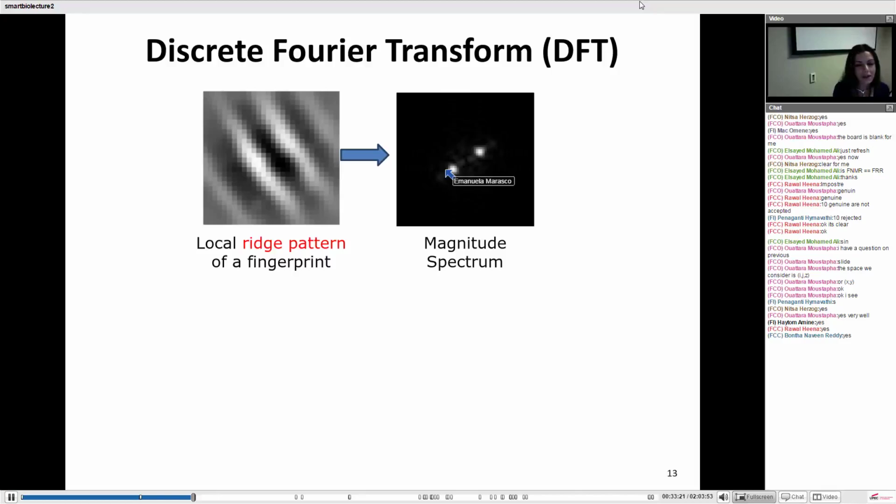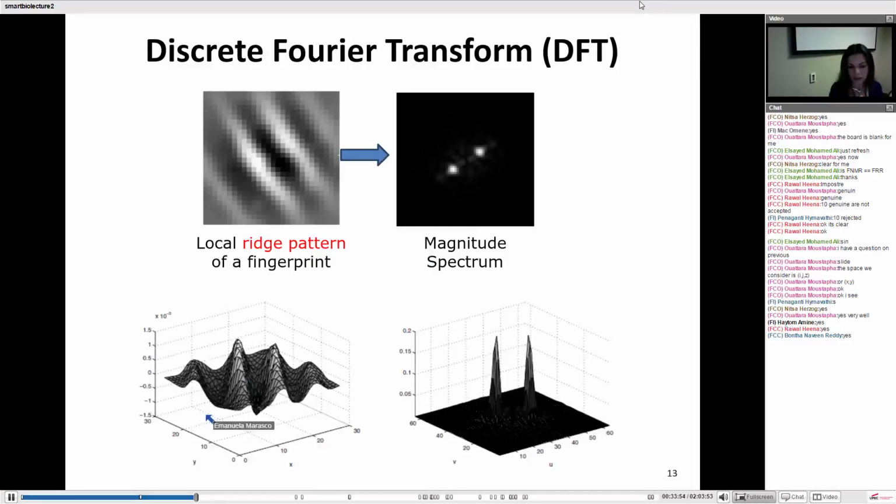Of course, in this spectrum, zero is black, and brighter points represent values of the high frequency components. Where there is a big change in gray level, when I go from valley to ridge, black and white, these are the points where I have high frequency components, so the big change in intensity values, and this is the magnitude spectrum. So we are representing the magnitude here.